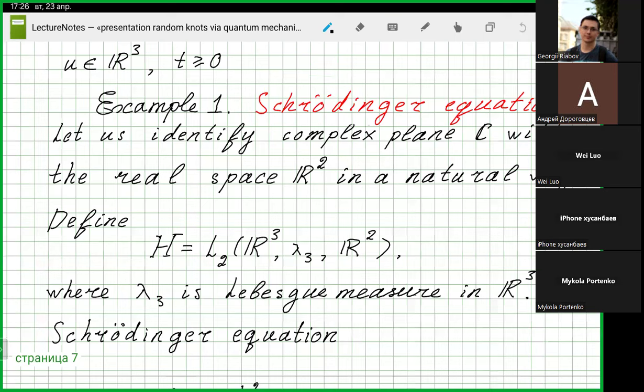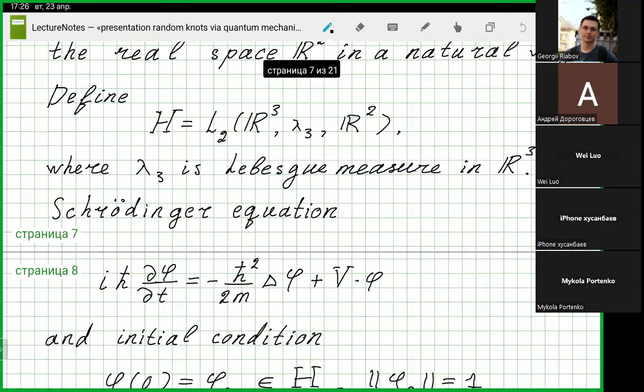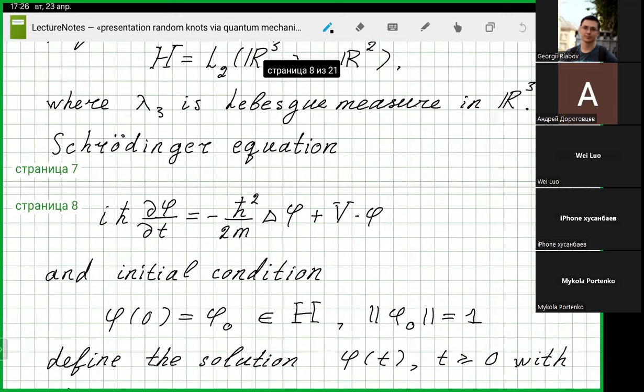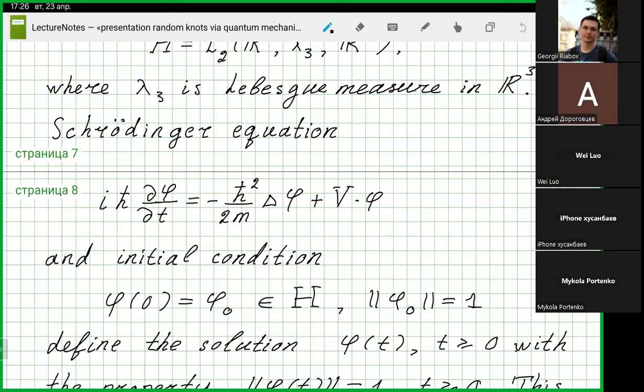Let us identify the complex plane C with the real space R2 in the natural way, and define H like this, where here is R3 with Lebesgue measure and R2-valued functions. So consider now the Schrödinger equation with the initial condition phi 0 from our H and such that the norm of phi 0 is equal to 1.